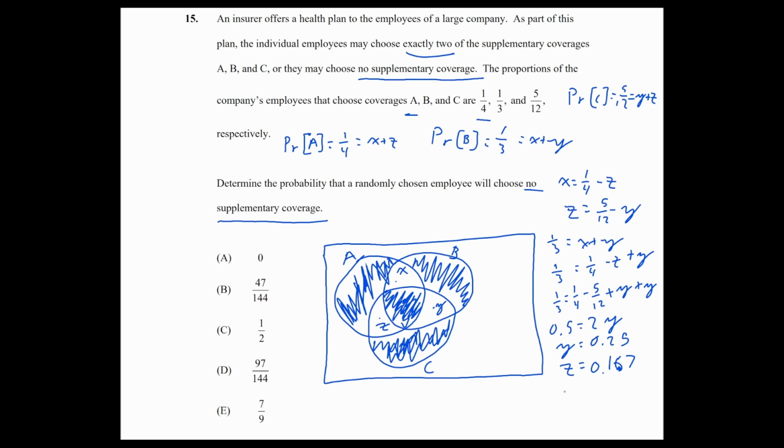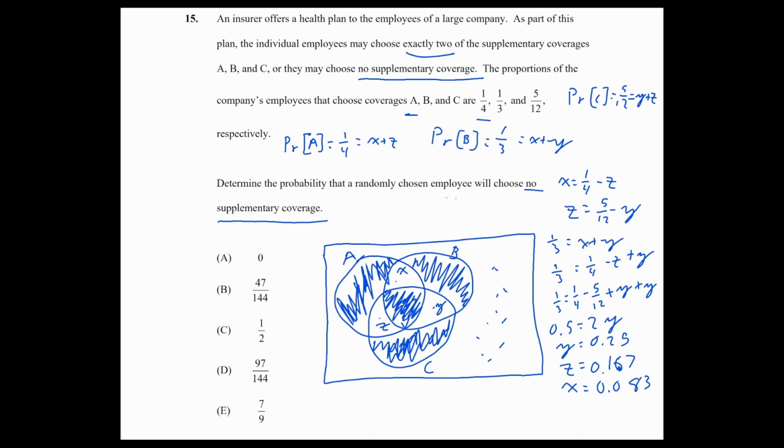And then X is going to equal 0.083. Okay, so now we have Y, Z, and X.